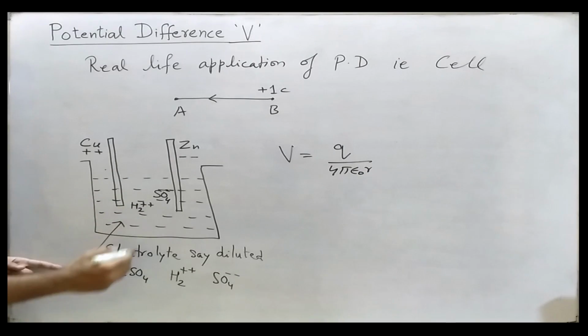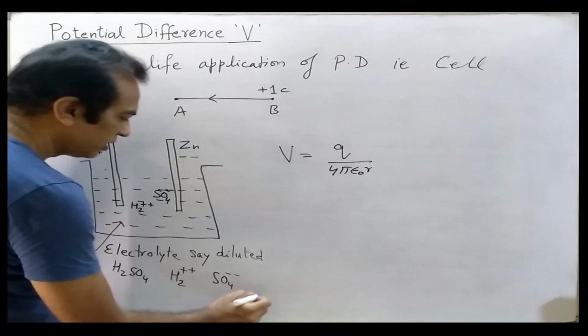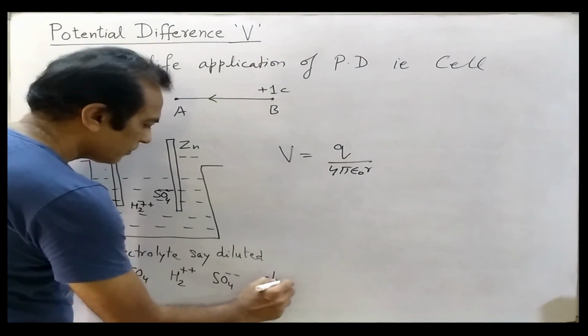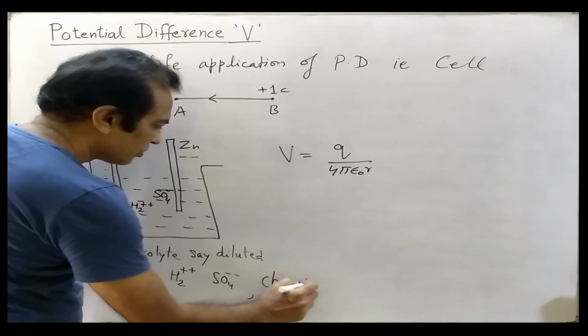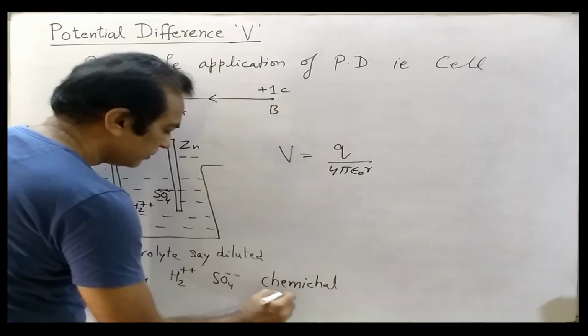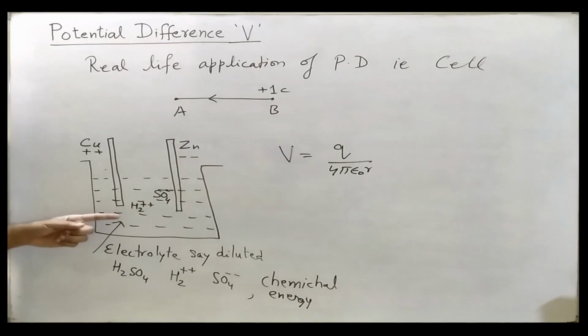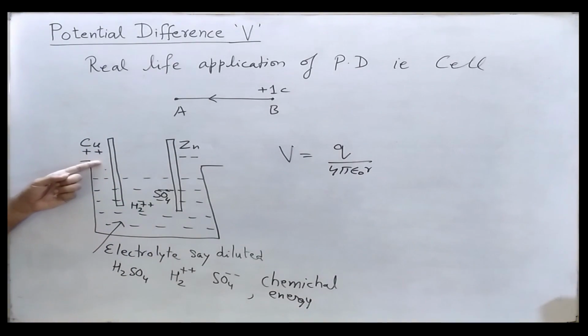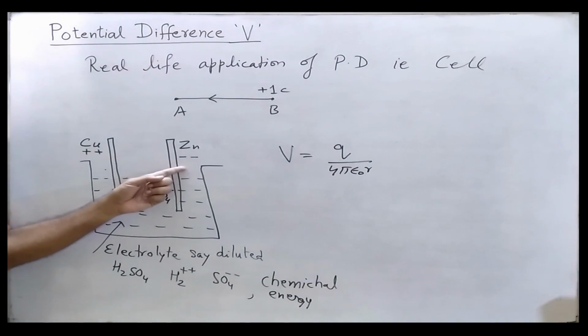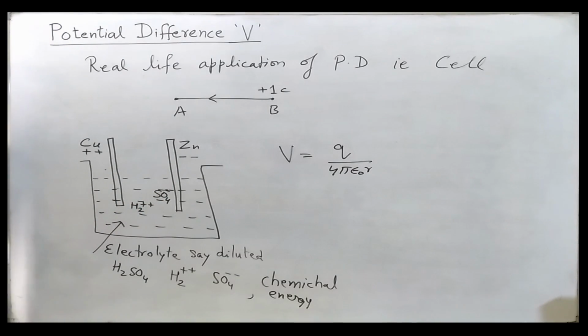Who is doing that work? The chemical reaction, or the chemical energy. Chemical energy is being spent in doing this work, because of which positive charges are getting deposited on the copper rod and negative charges on zinc.